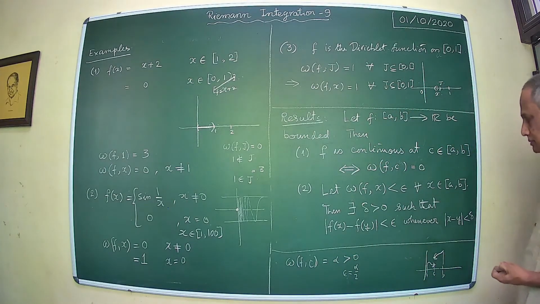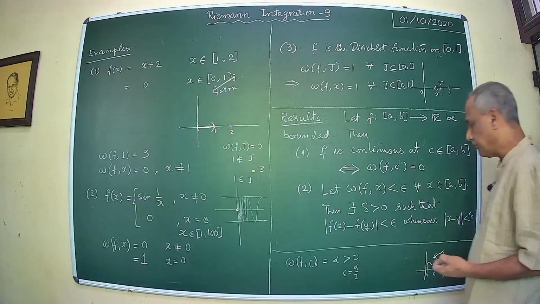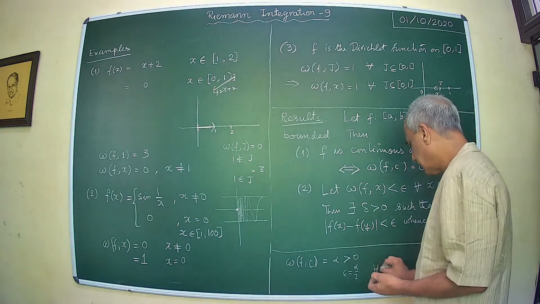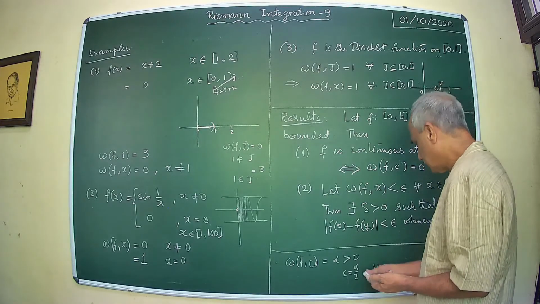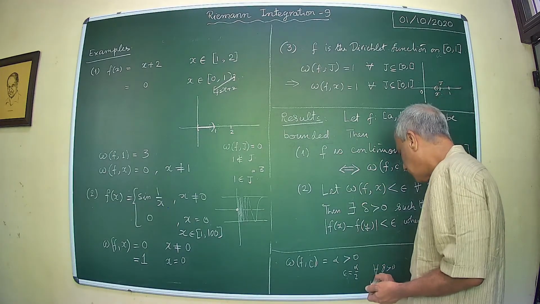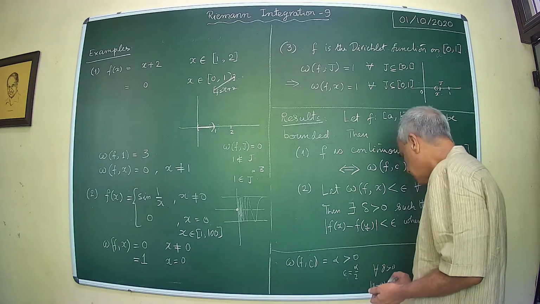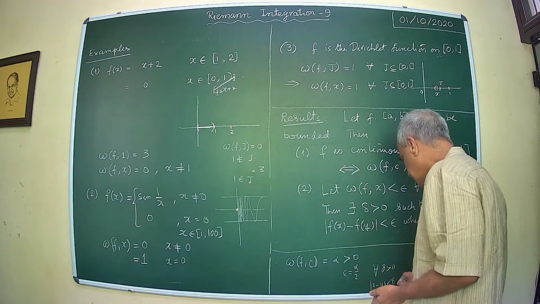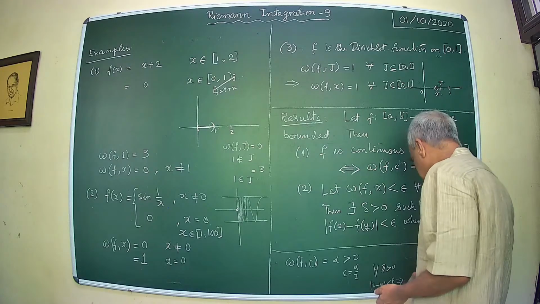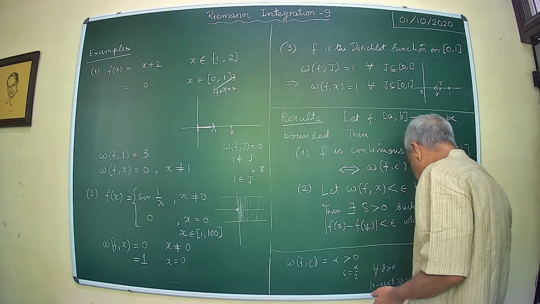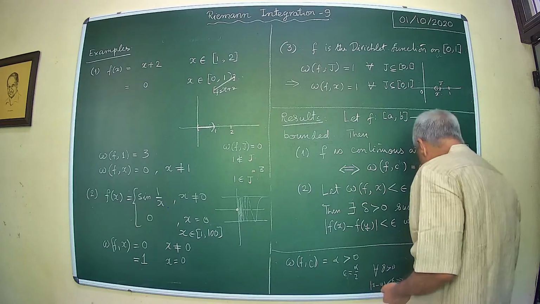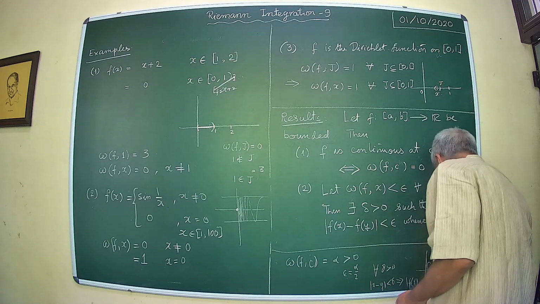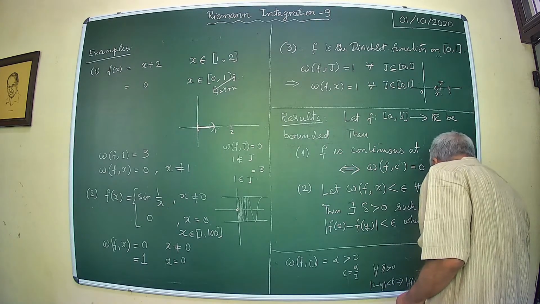then for every delta positive, you can see that |x minus y| less than delta implies |f(x) minus f(y)| is greater than or equal to alpha by 2.